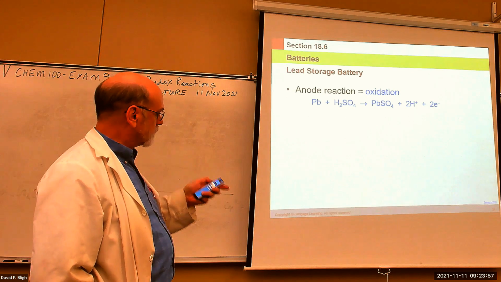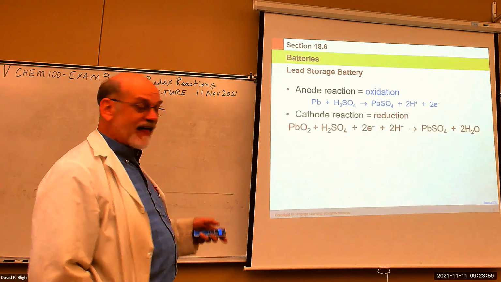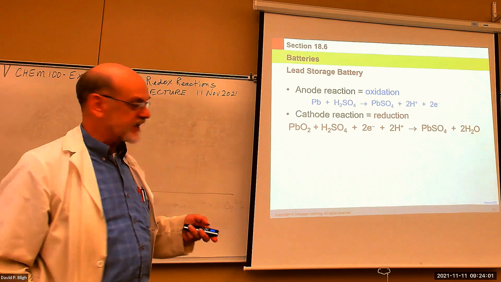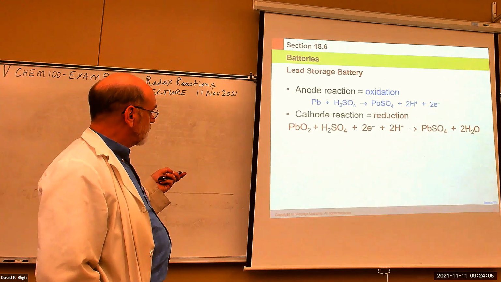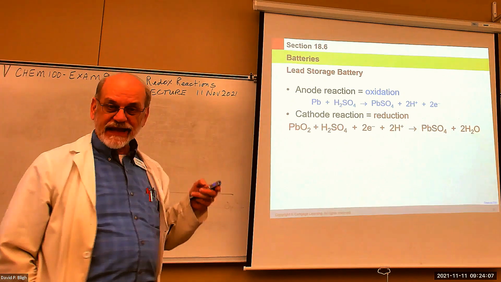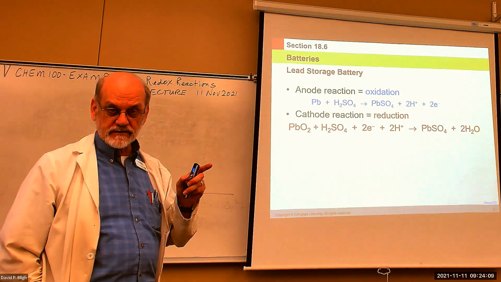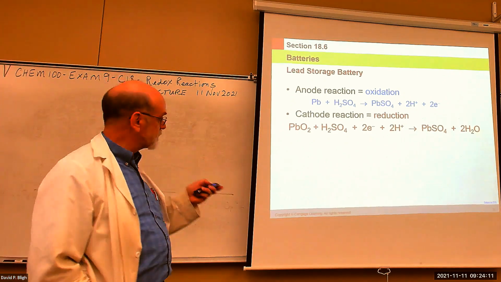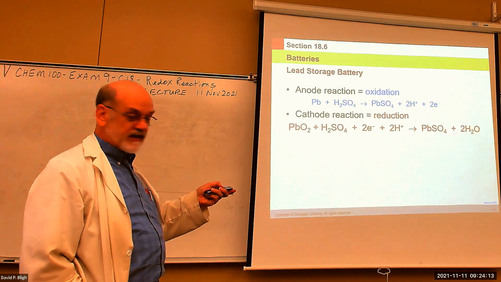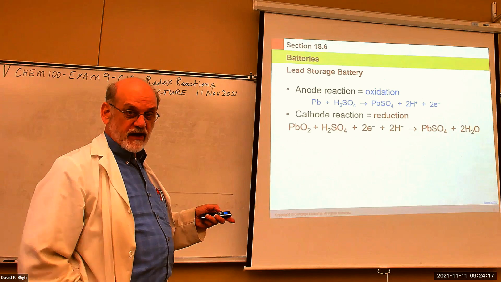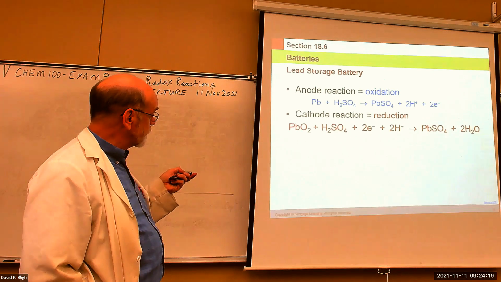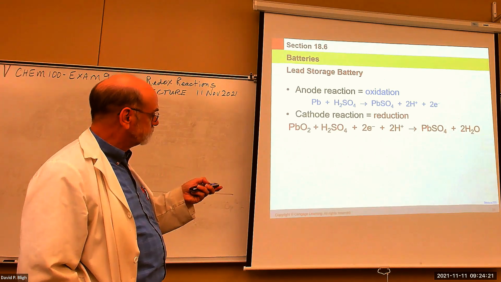And there's the half reaction. At the cathode, reduction is taking place. So at the cathode, this lead 4+ or +4 oxidation state is going to the lead 2+ oxidation state.